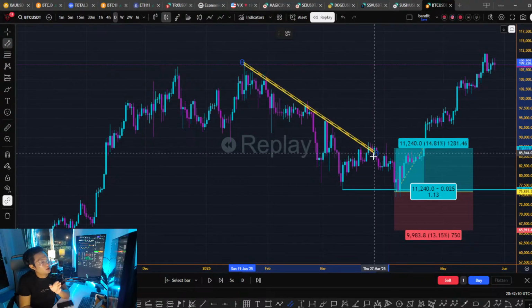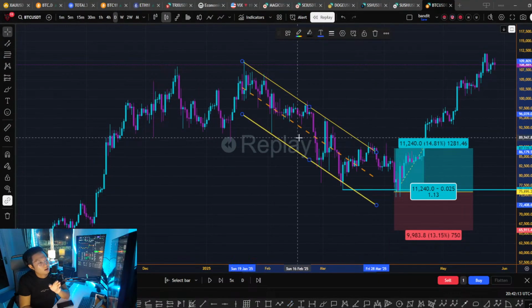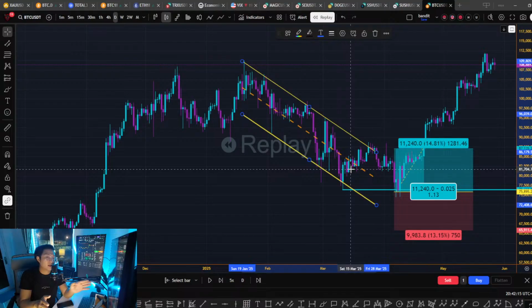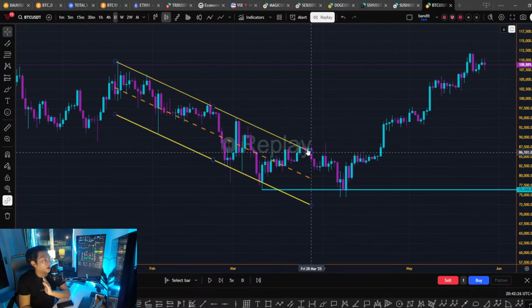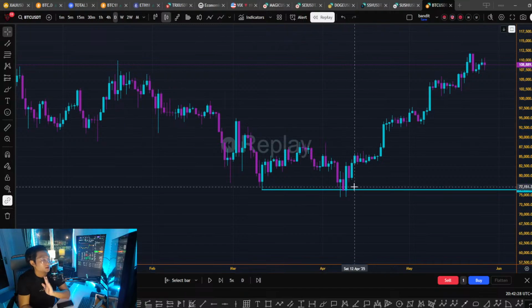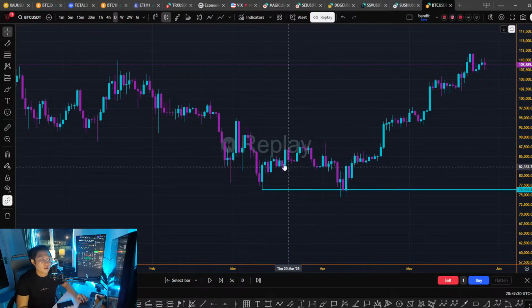After this long downtrend, see, the candle is exhausted. It's tired. When you're tired, you usually sleep at night, right? The candle does that too. When the candle is tired, it just rests, capitulates.